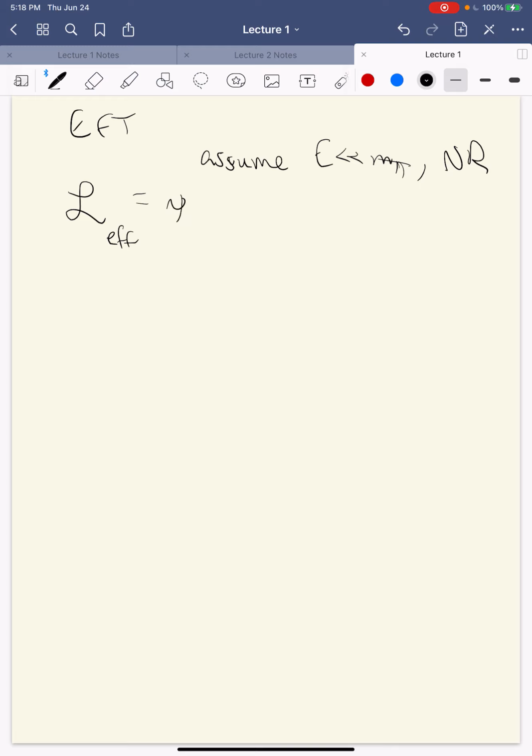So the simplest thing that you can write down, we have our nucleon fields, which are fermions, so I denote them by the field psi. Okay, this guy here, this is the non-relativistic inverse propagator.